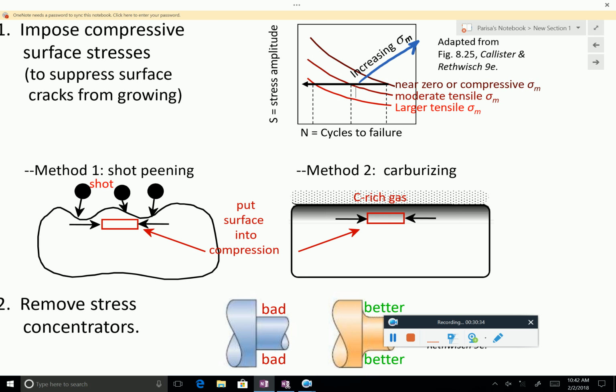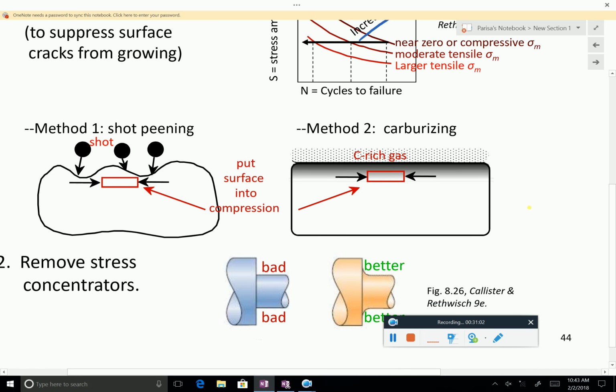Another method is a chemical method. You place your material inside a chamber and you do carburizing, which also creates a stiff layer near the surface, which puts the material under compression. So again, your purpose, as in that graph, is to increase the mean stress towards compression rather than tension.